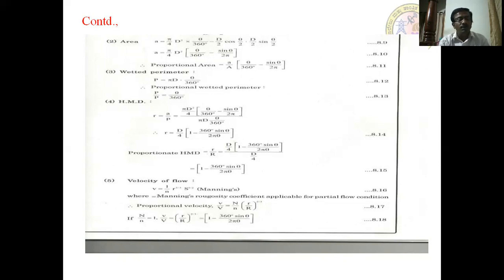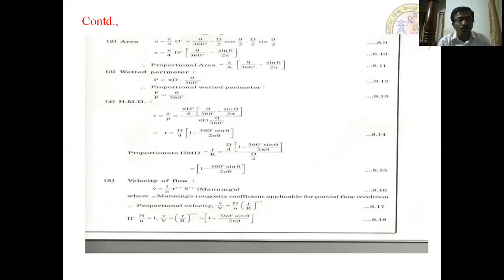Bringing d to this side, the proportionate hydraulic mean depth r by R equals d by 4 into 1 minus 360 sin theta by 2 pi theta, divided by d by 4, where capital R is the hydraulic mean depth for the running full condition. Directly we can write it as d by 4, that is pi d square by 4 by pi d. Further simplification gives 1 minus 360 sin theta by 2 pi theta, which is the proportionate hydraulic mean depth.